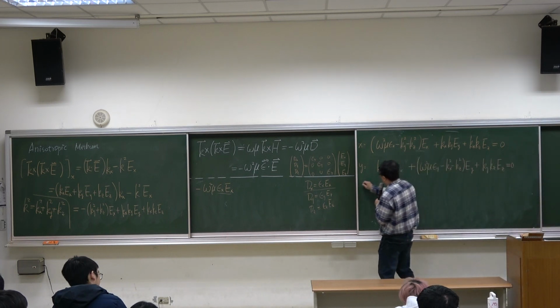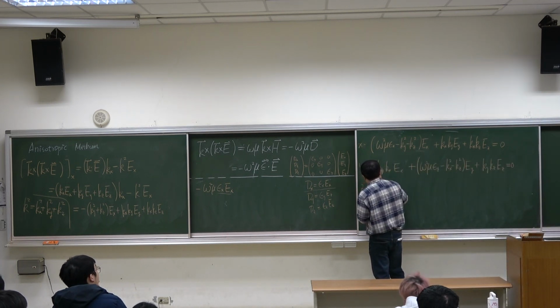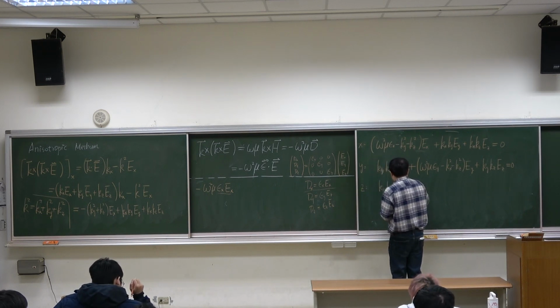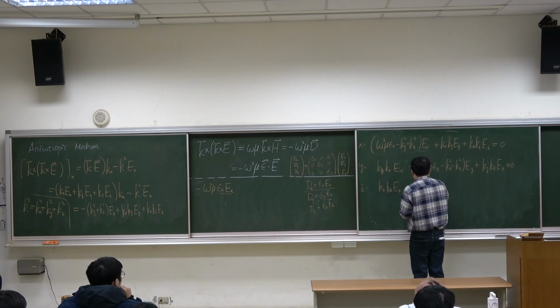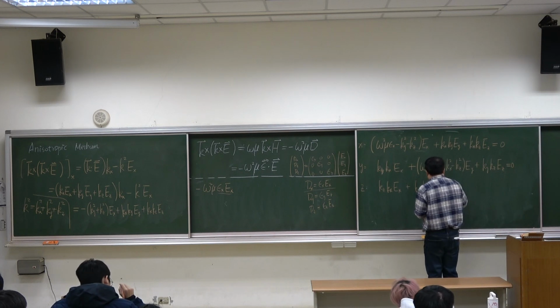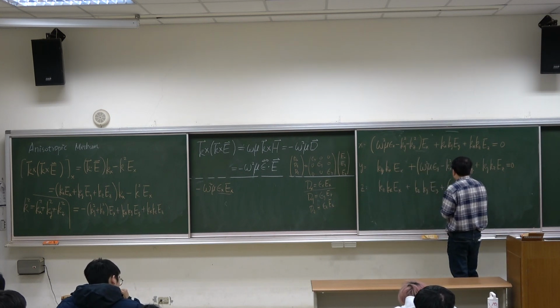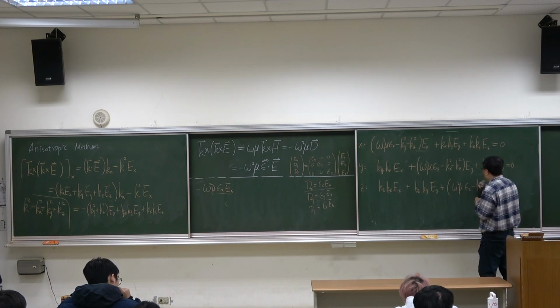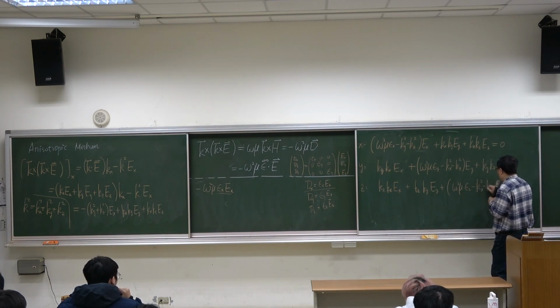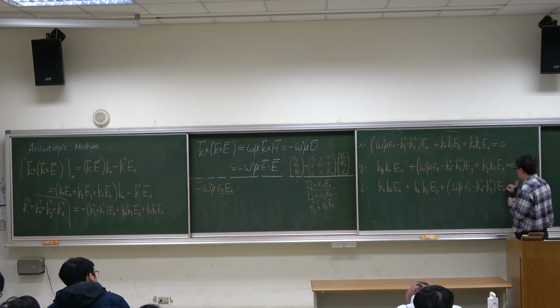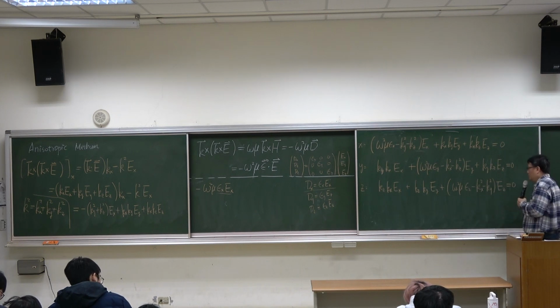So the z component is also similar: kz kx EX, kz ky EY, plus omega squared mu epsilon z minus kx squared minus ky squared times EZ equal to 0. Okay.